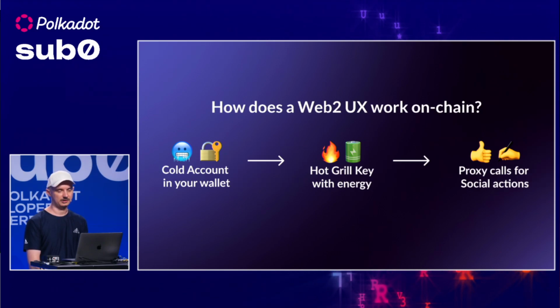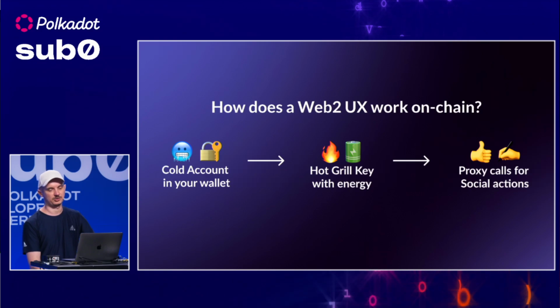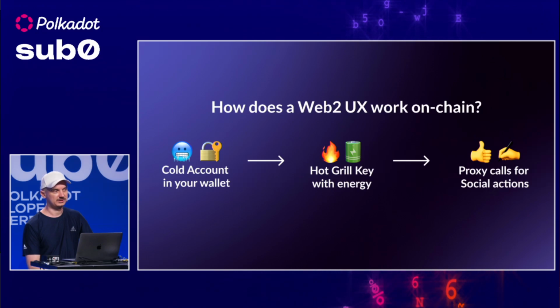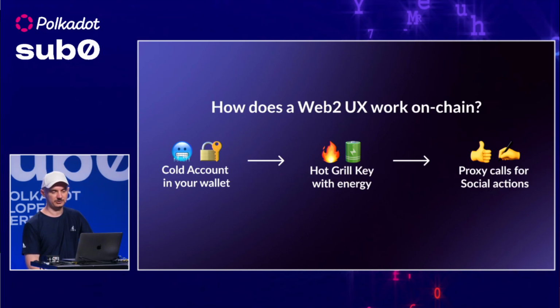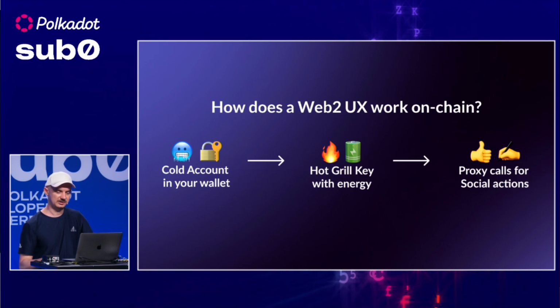We also combine another concept from the Polkadot SDK, such as proxy accounts. When a user signs into our app, to remove the need for transaction confirmations, we create a hot account address that is a proxy to the main account address of the user, and store this generated account on the user's side in the local storage.